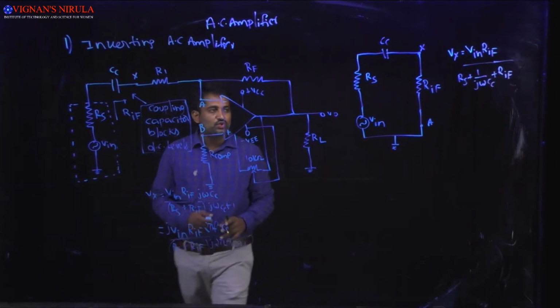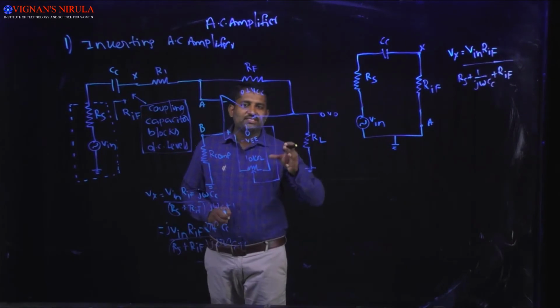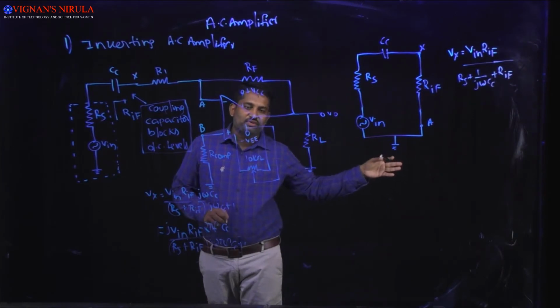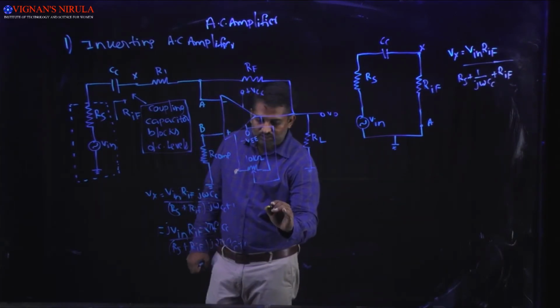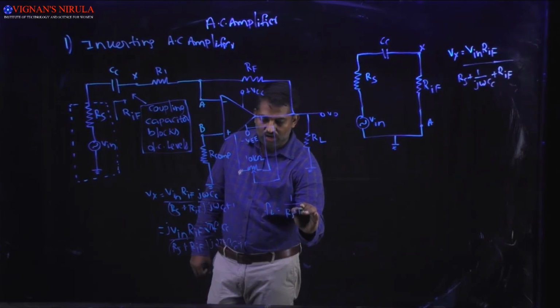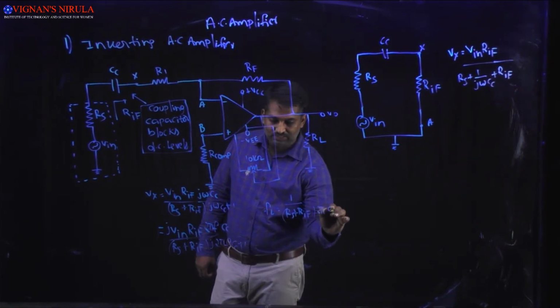We are assuming FL is equal to, why? Because for the AC amplifiers we have to take care of the lower frequency level as well as the higher frequency level. Here I am taking FL is equal to 1 divided by Rs plus RIF into 2 pi Cc.